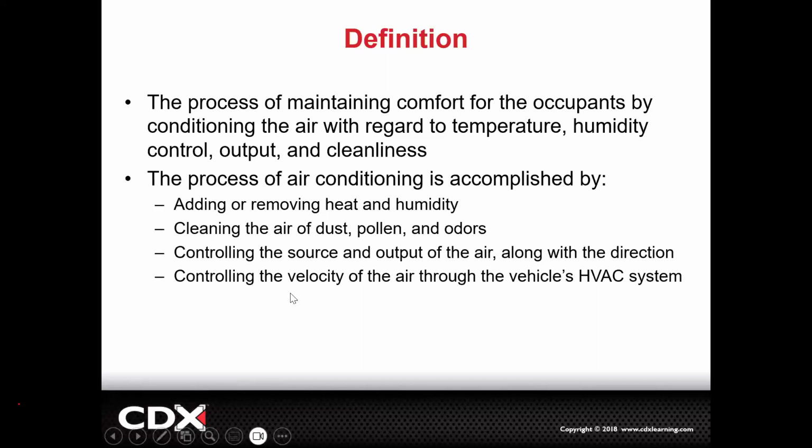Okay, what about controlling the velocity of the air through the system? What do you think is going to control that? The fan switch. Exactly. So when we're talking blower motor and the blower fan, those are kind of interchangeable sometimes. The motor turns the fan. A lot of times we'll call it either the blower fan or the blower motor, right? But to change the speed, we've got the switch. We probably have a resistor. We might have a transistor.